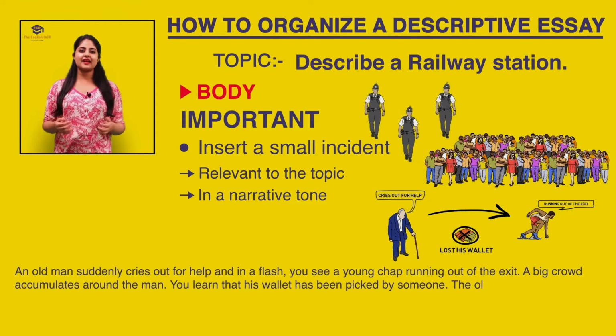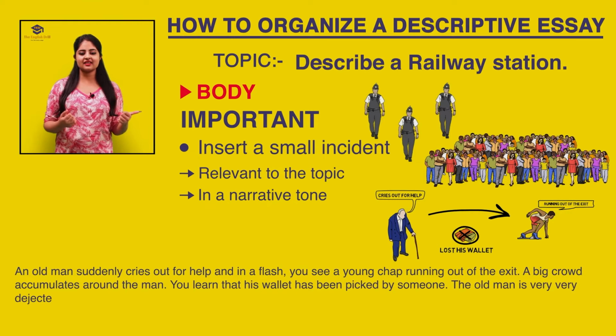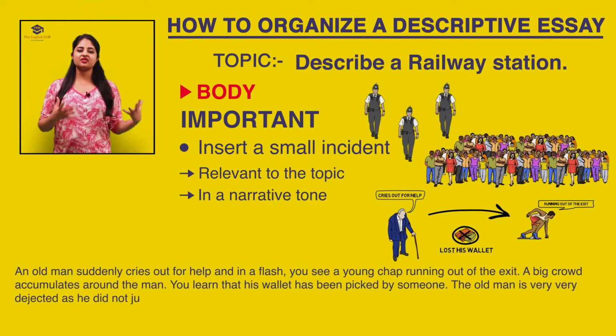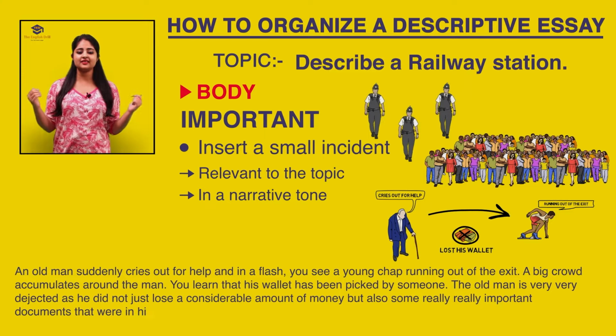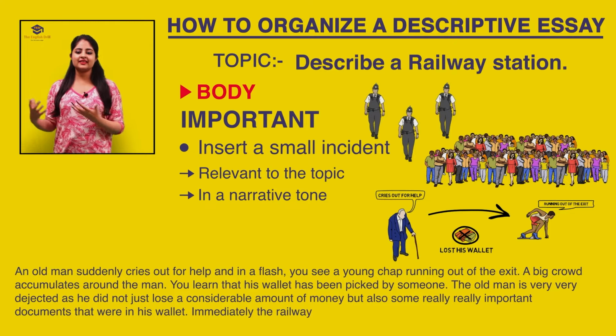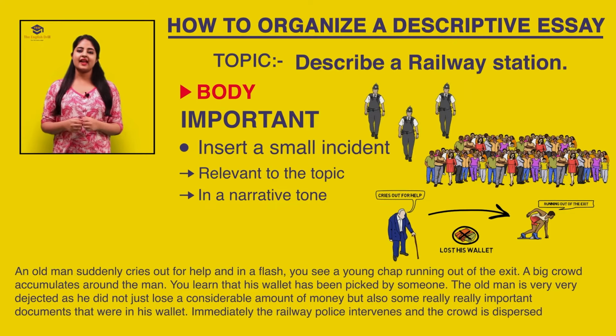So the old man is very dejected, as he did not just lose a considerable amount of money, but also some really important documents that were in his wallet. Immediately the railway police intervenes, the crowd is dispersed, and they write down the complaints of the old man.